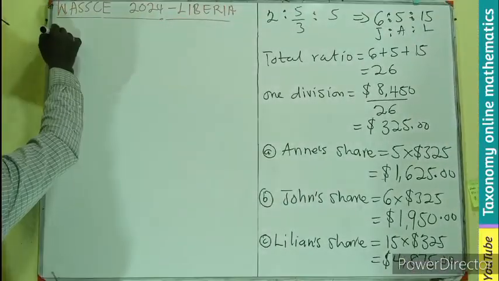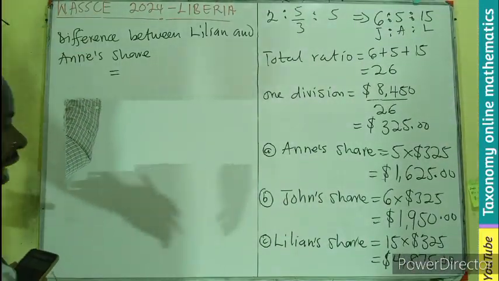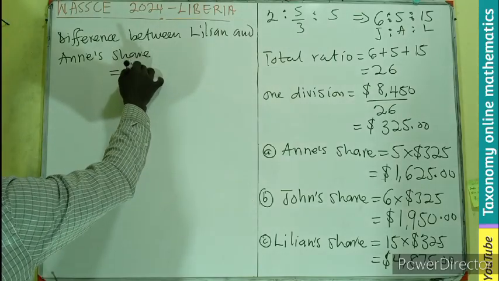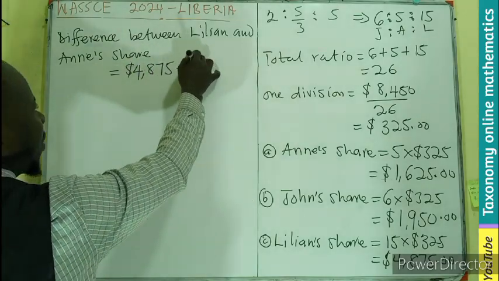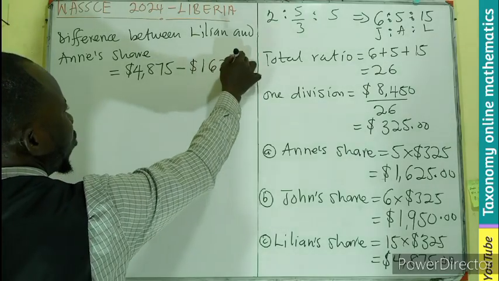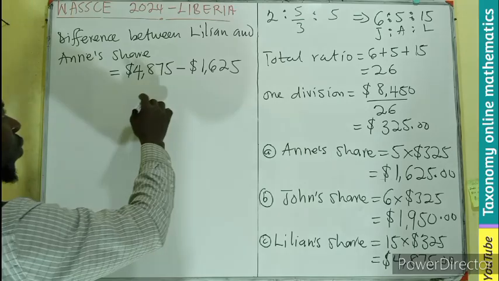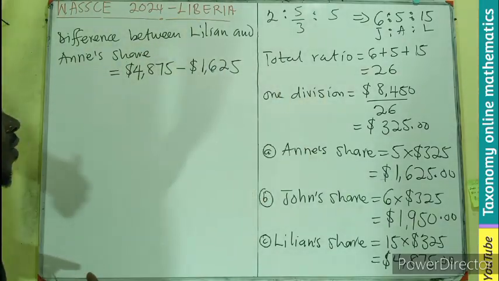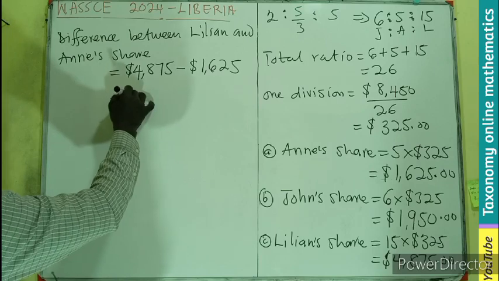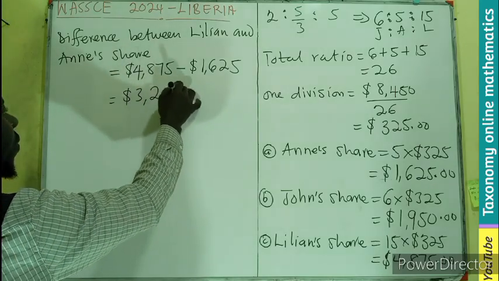So the difference between their shares is going to be 4,875 minus 1,625. That is the difference between the two of them. How much does Lillian have more than Anne? And that will give you $3,250.